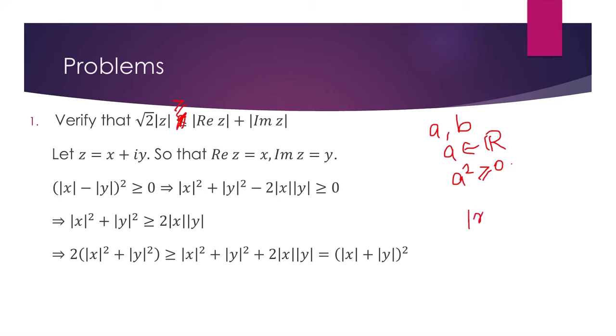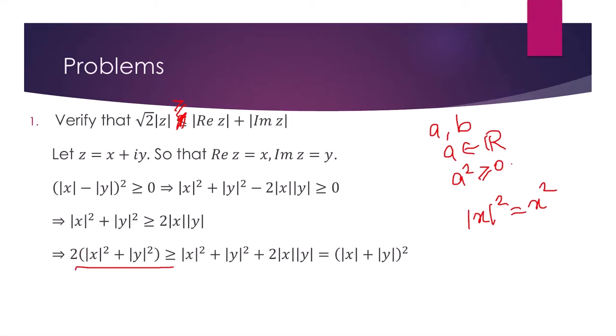Okay. Here, mod x square and x square are the same, because x square is greater than or equal to 0. Okay, so instead of mod x square I can write x square. Here I can write y square.